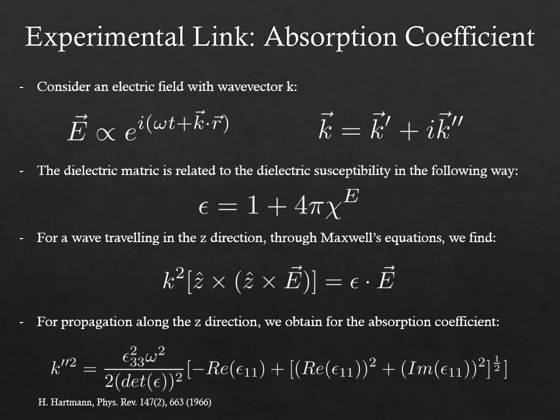And that's going to tell you how far the photon can traverse the material before it's absorbed. So the bigger it is, the more strongly it is absorbed, and the other way around.